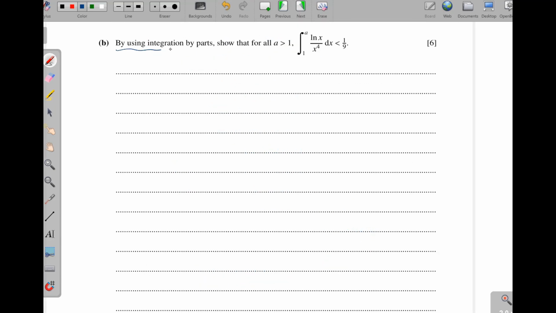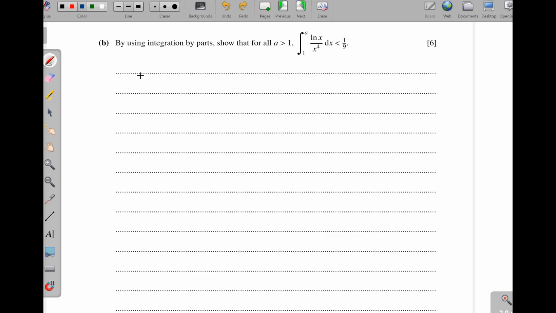Part B, by using integration by parts, show that for all values of a greater than 1, the integral from 1 to a of natural log of x out of x to the power 4 with respect to x will be less than 1 over 9. Now, using integration by parts, we should have what we call a product of two functions.